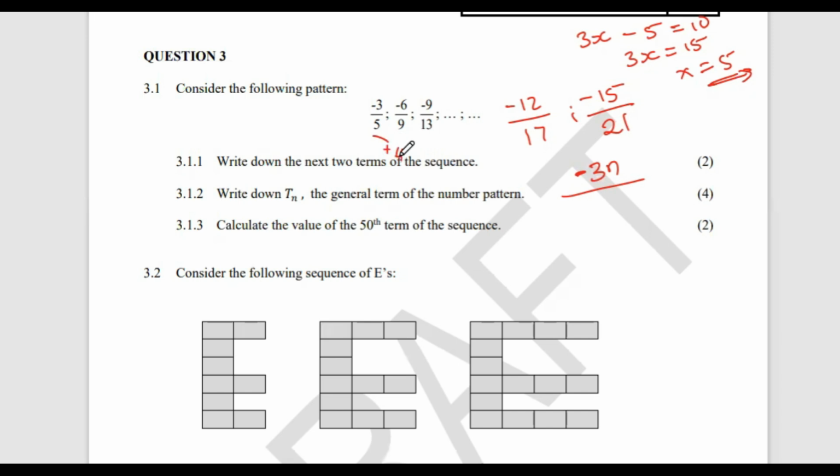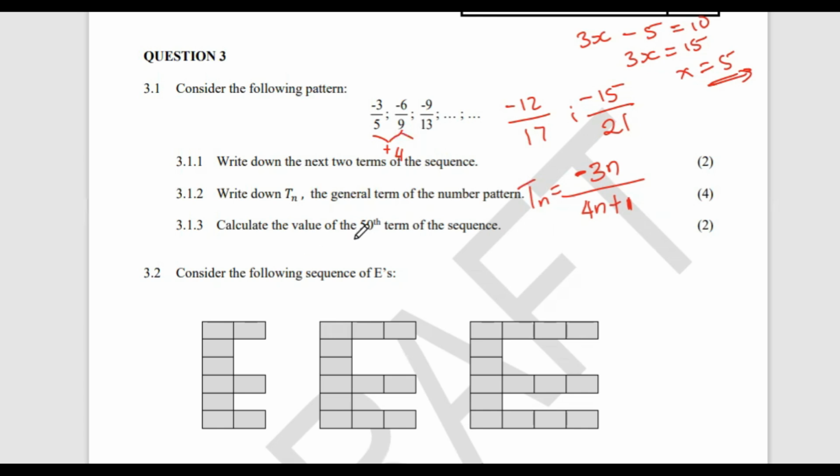So the common difference is 4 everywhere. So I'm going to say 4n. And then what is 5 minus 4? That is a positive 1. So I have 4n plus 1. So this becomes our general term. Use whichever methods you were taught, please.